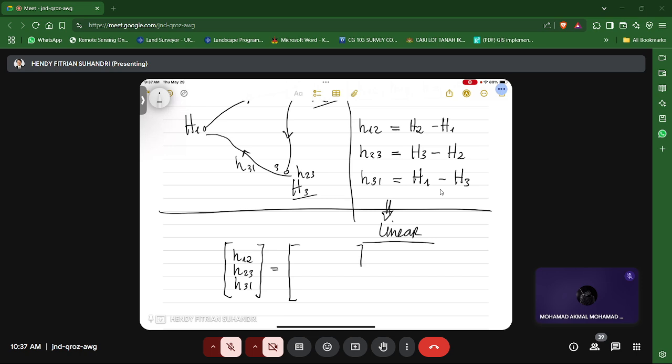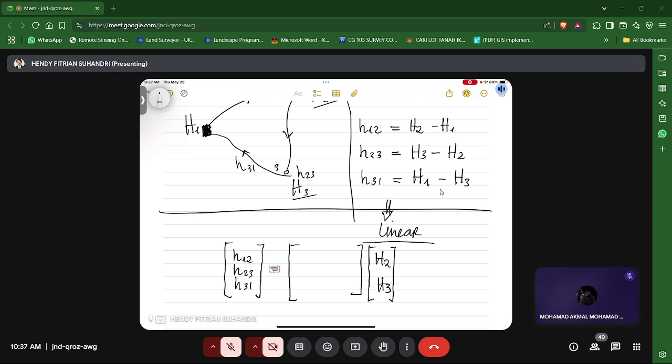Now I have a question. What are the unknowns? How many unknowns and what are they? H3, H2. Yes, H1 is already given here, so no need for H1. So our unknowns would be H2 and H3.